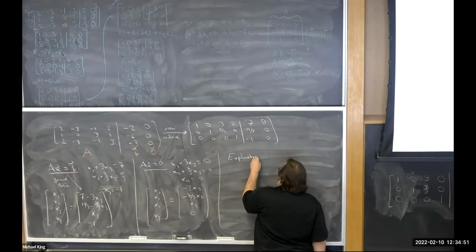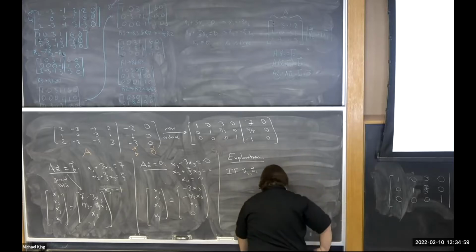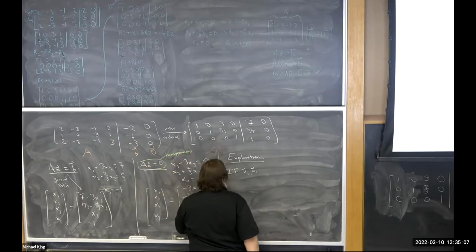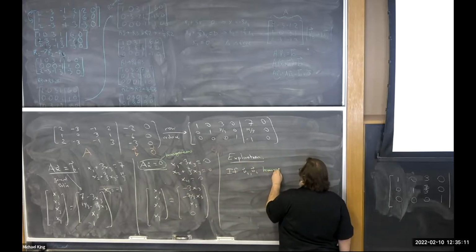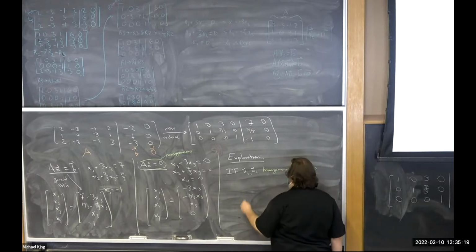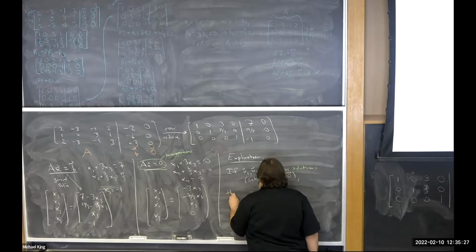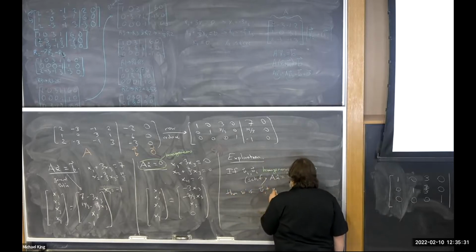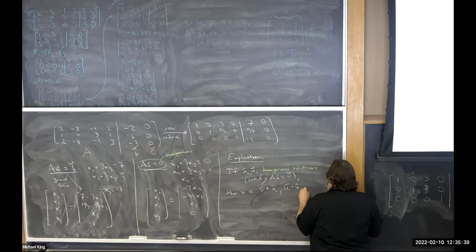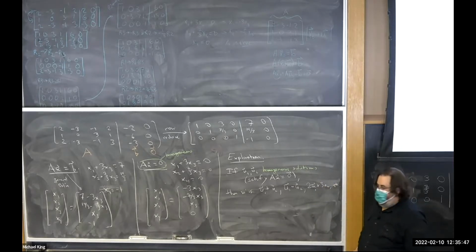So if U1 and U2 are homogeneous solutions, meaning they satisfy AX equals 0, and again, this is called the homogeneous system, then so is U1 plus U2, U1 minus U2, 2U1, any combination, 2U1 plus 3U2, et cetera. So that was the first thing you found.